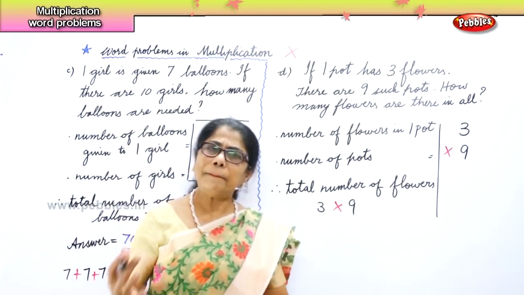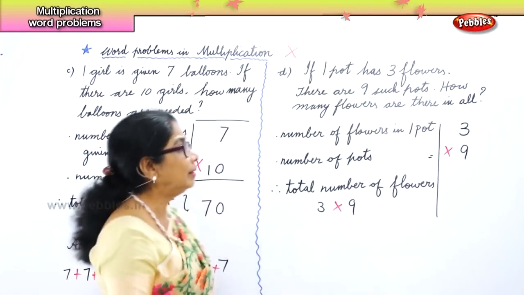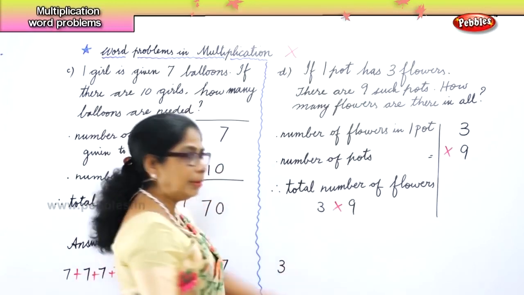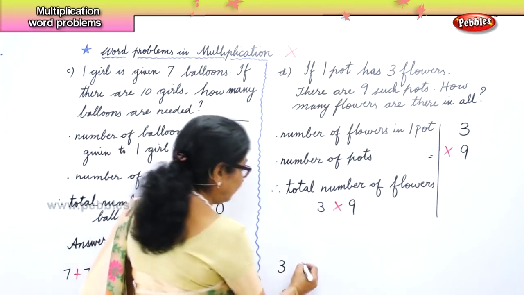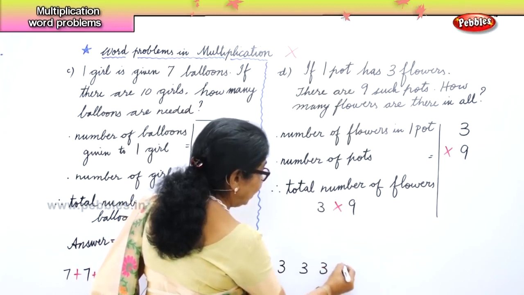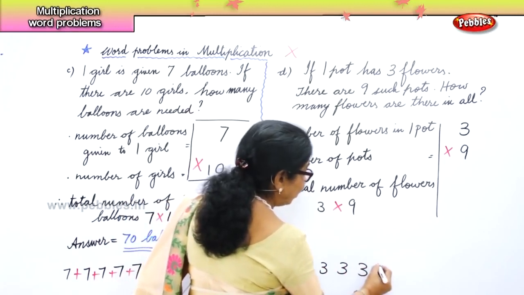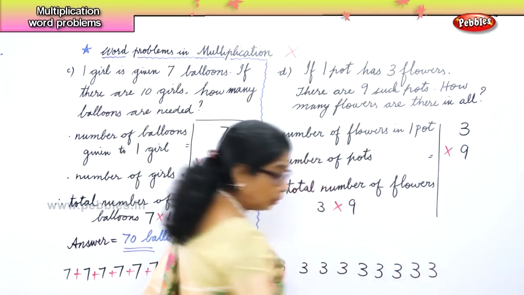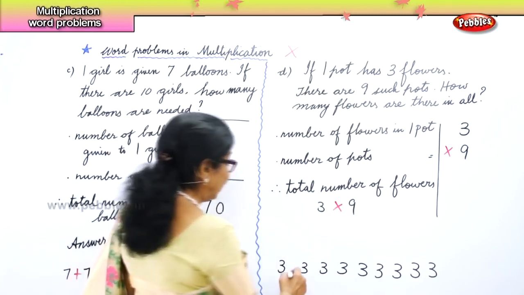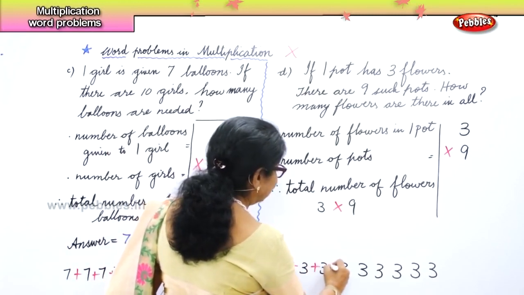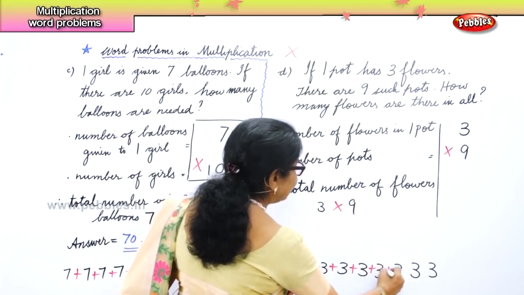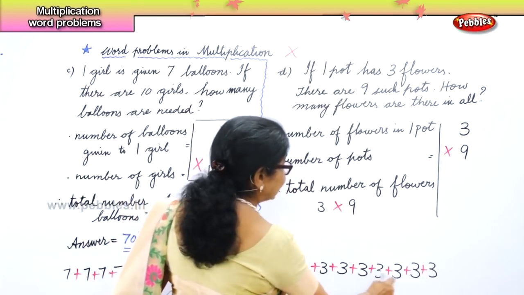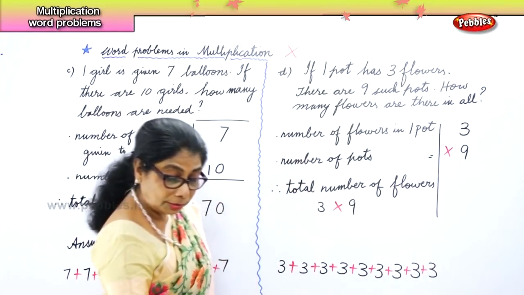What did we learn? Multiplication is repeated addition. How many flowers are there in one pot? 3. How many pots are there? 9. So 1, 2, 3, 4, 5, 6, 7, 8, 9. Repeated addition. One pot, 3 flowers.